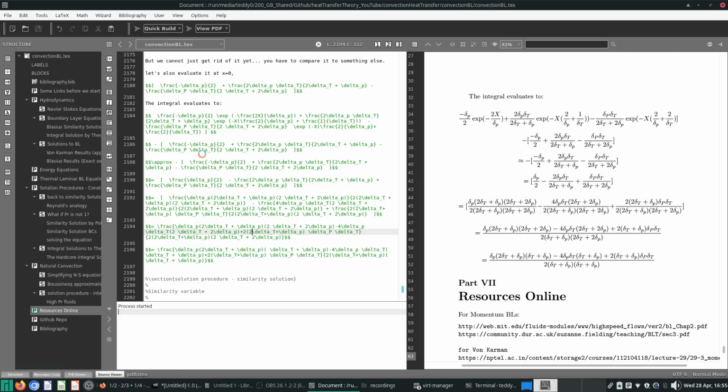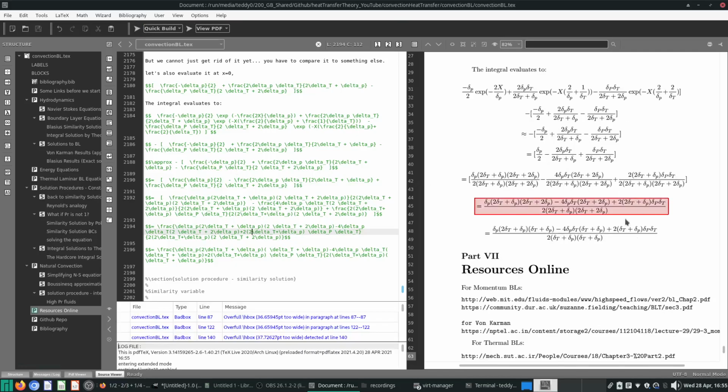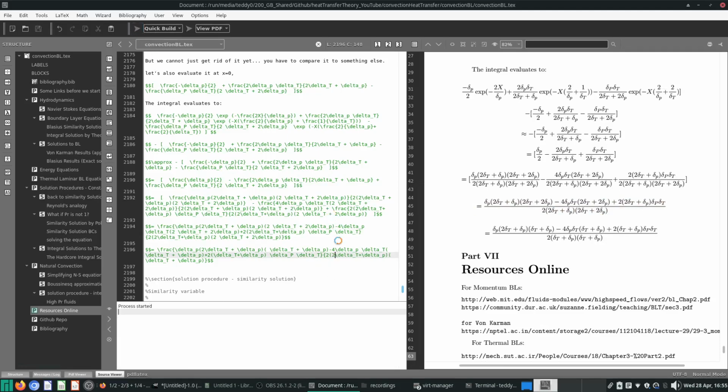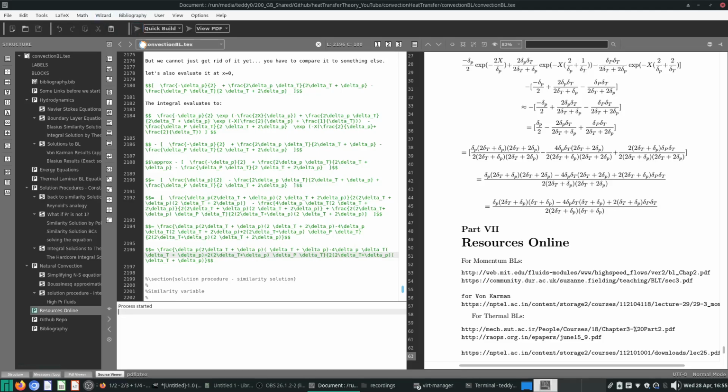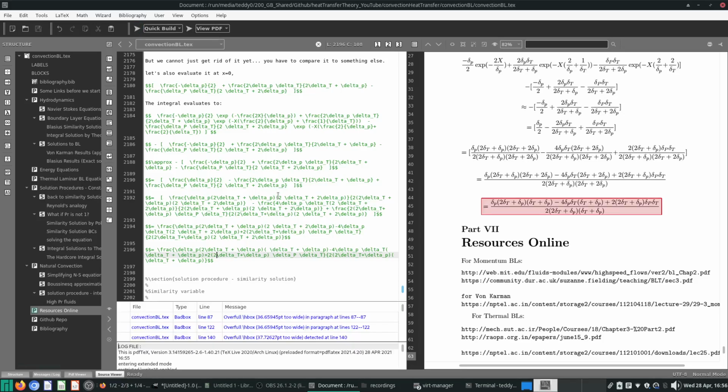Now that looks more legit. And this last one here should also have a 2 delta t. There's 2 delta t plus delta p, and then it should also be in the numerator. But that does mean we need to take away this other number 2, because you divide top and bottom by 2.